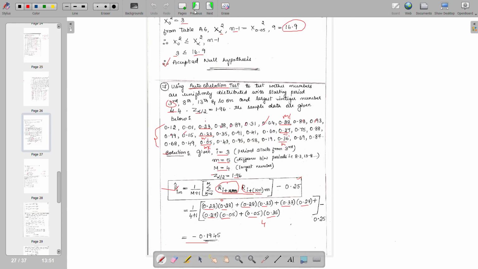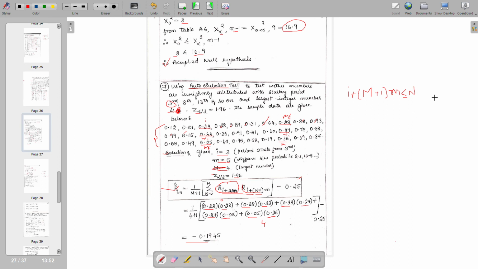Suppose in a question the largest integer number is not given. Then we need to find the largest integer number M using the condition: i plus (uppercase M plus 1) into small m should be less than or equal to N, where N is the total number of sample data.